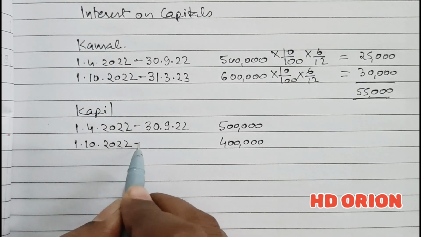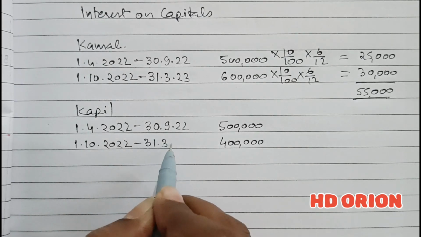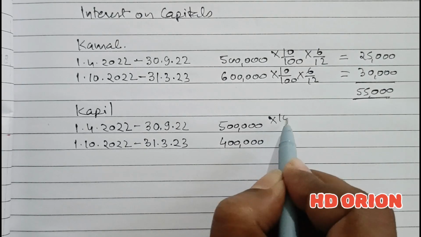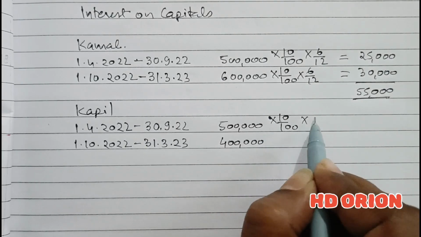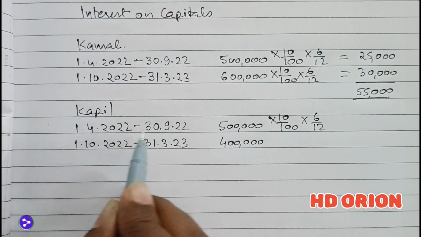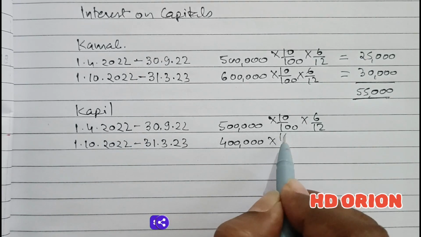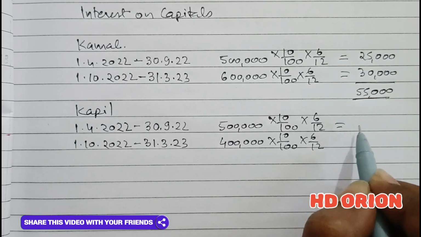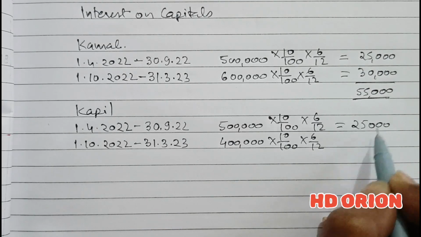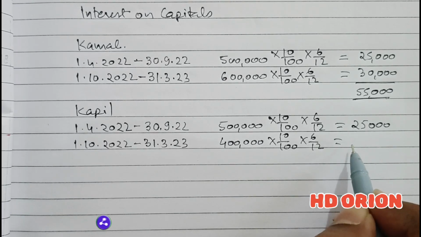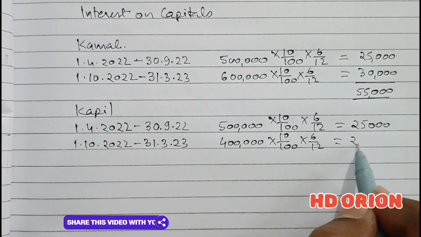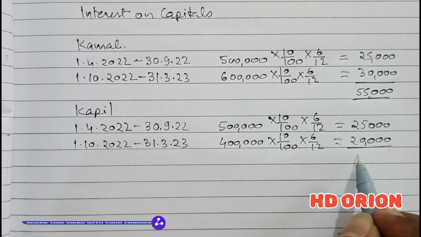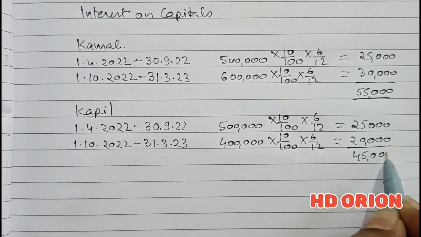And from 1st of October onwards till 31st of March 2023, the capital is 4 lakh. Now the same percentage we have to provide for 6 months, and on 4 lakh also for the remaining 6 months. So here it is 25,000, and on 4 lakh at the rate of 10% for 6 months is 20,000. So his interest on capital is 45,000.